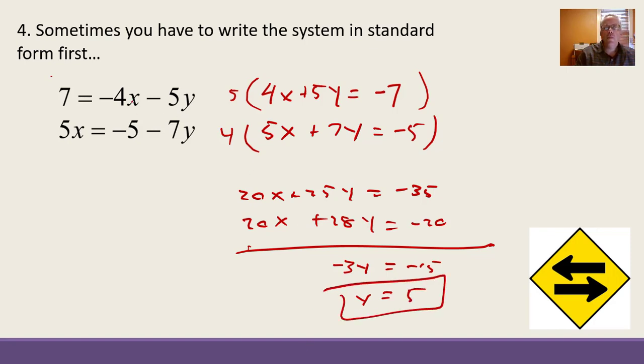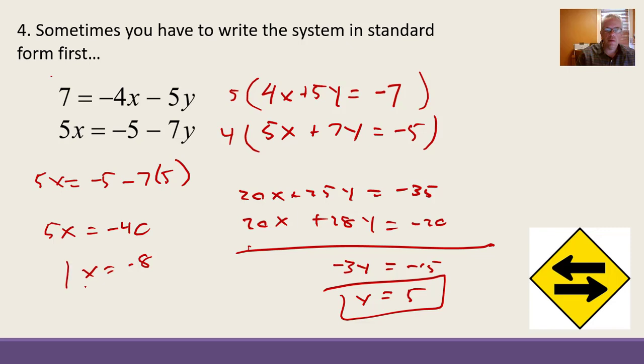And if you go back and plug in, you can use either equation, but I use the second one. We would have 5x equals minus 5 minus 7 times y, or 5x equals negative 40, or x equals negative 8. So the solution is negative 8, comma 5.